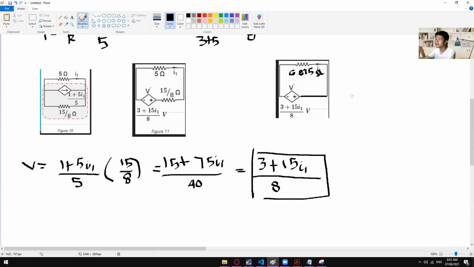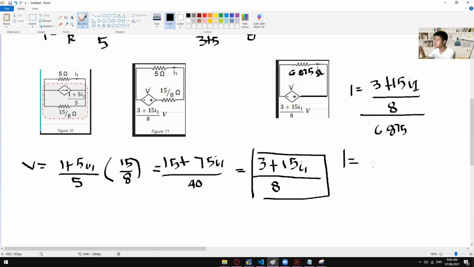So I is equal to V, which is 3 plus 15 I sub 1, divided by 8, divided by 6.875. And then from here, you can actually multiply this one so you can have a single expression. Yeah, are we correct?